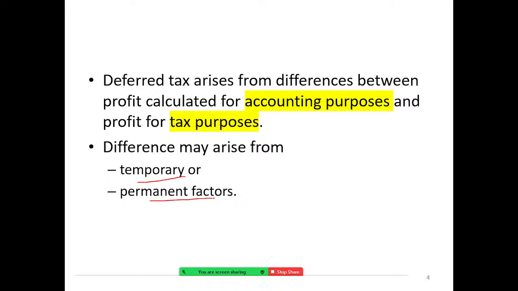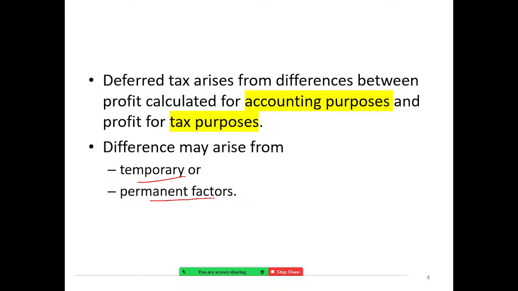Yeah, not deductible, right? Not deductible expenses. Therefore, even in the future, is there any impact? Is there any impact on the future profit? No, there is no impact. The penalties, legal expenses, fines are for a particular period, not like the depreciations, not like capital allowances.